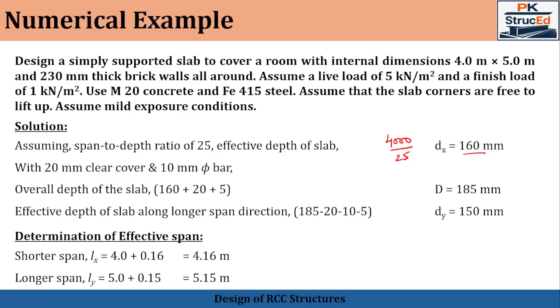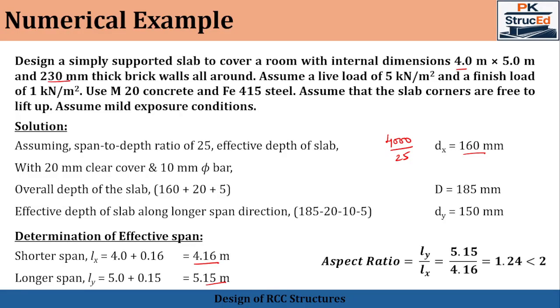Remember, we also have the second condition to check for the effective span, that is the center to center distance between the supports. Here the support width is given as 230 mm. If you take this case, you will have 4 plus 0.23, which will be more than this value, and hence we are not considering that one. We are taking the minimum of those two directly. And these effective spans will be used in moment calculation as well as deflection checks.